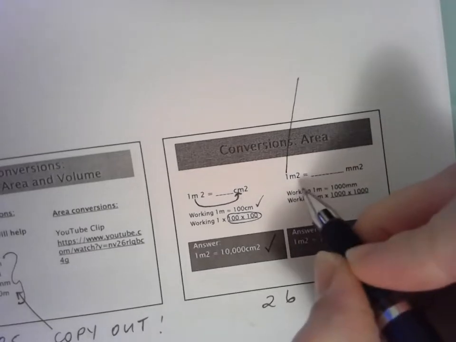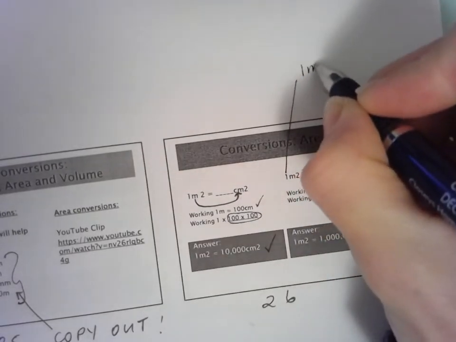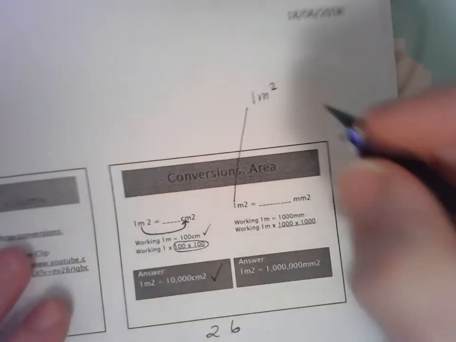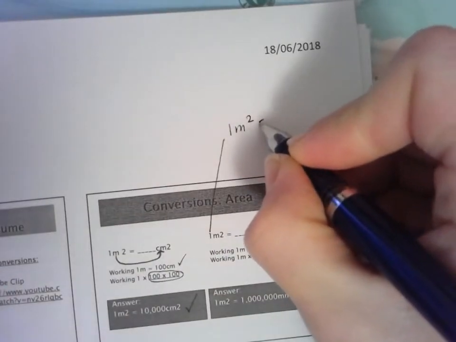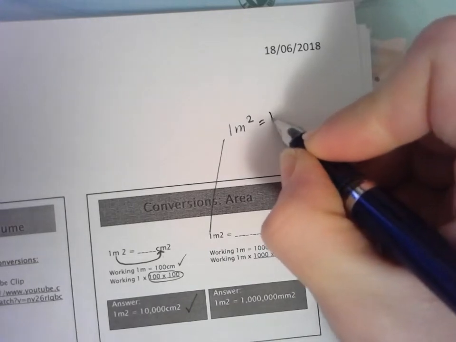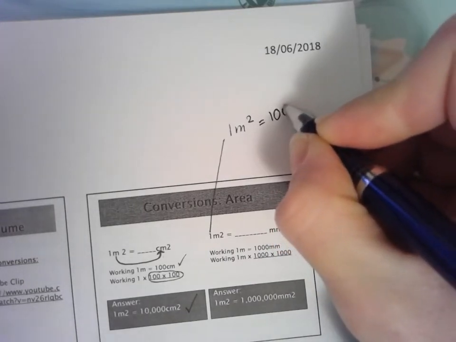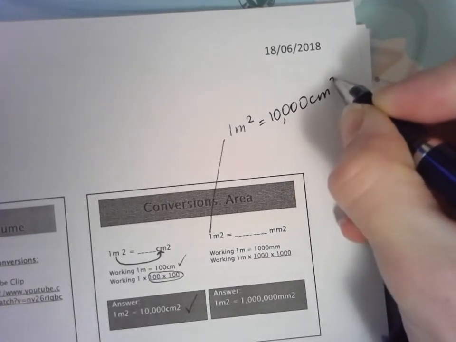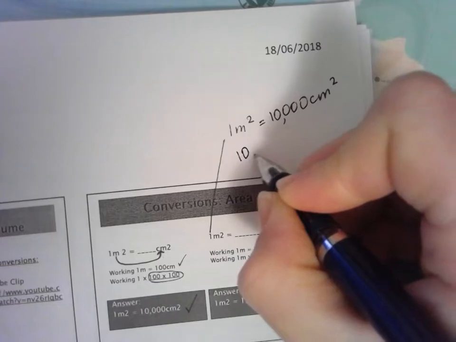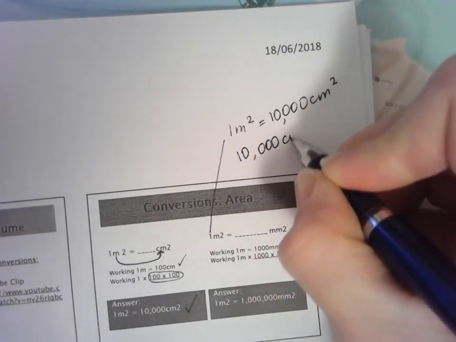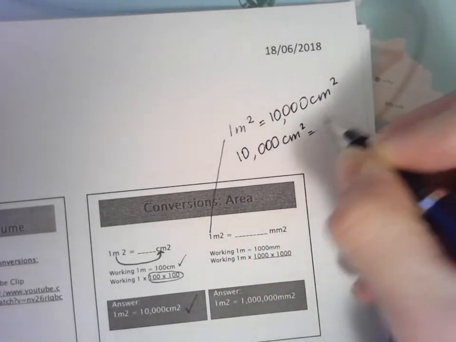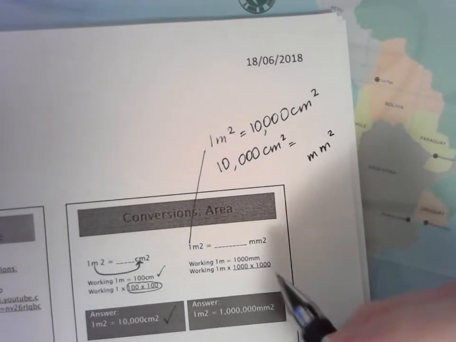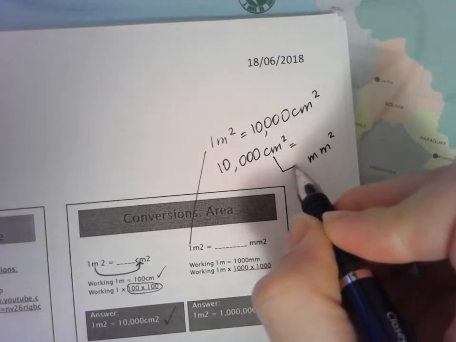We already know from our last question that 1 metre squared actually equals 10,000 centimetres squared.